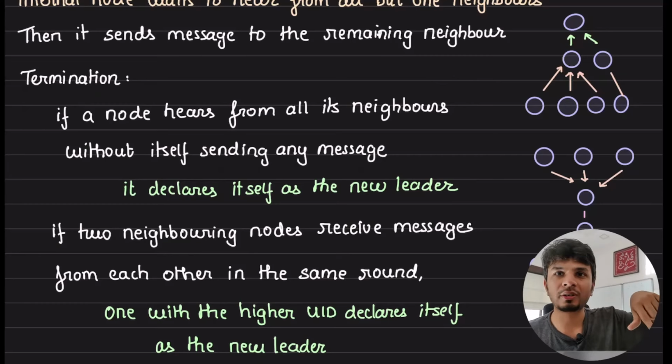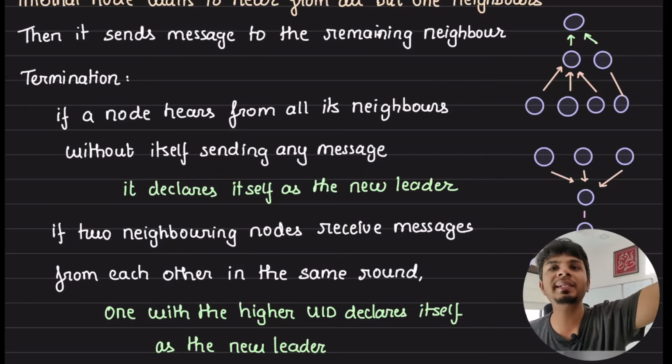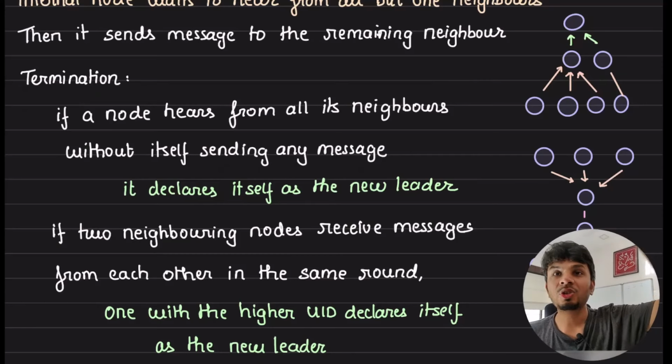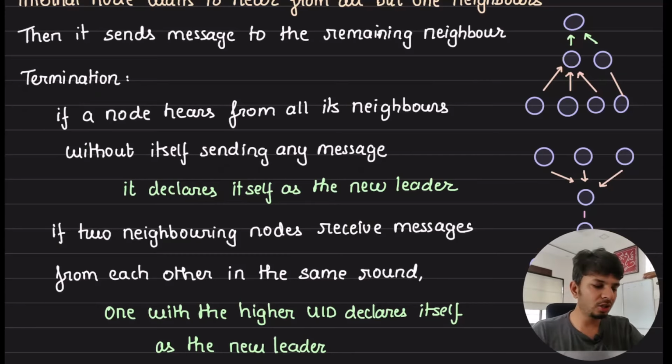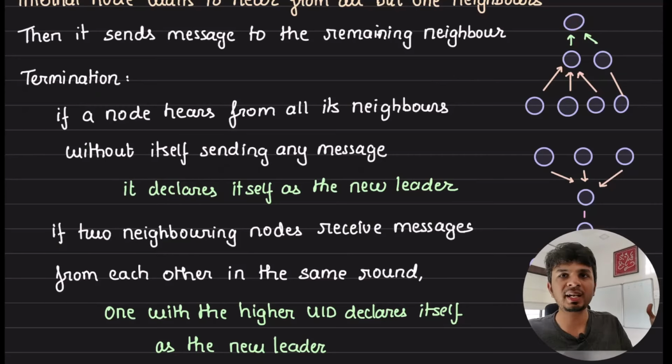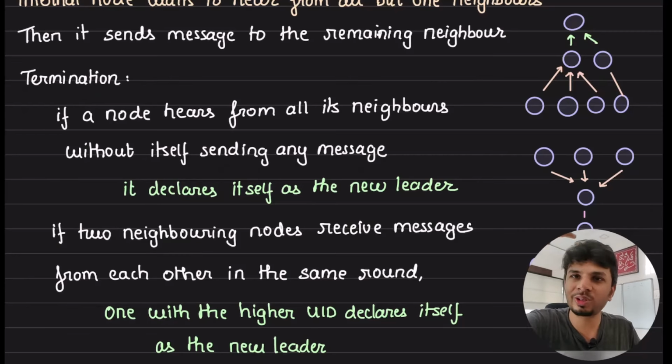The leaf node. So the root node would not even be sending a message, right? So if this happens, then you would know that this node becomes the leader, because this is the only node which is left to send any message, and it is converged to this one root node, and that becomes the leader.